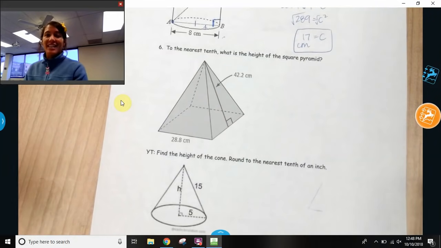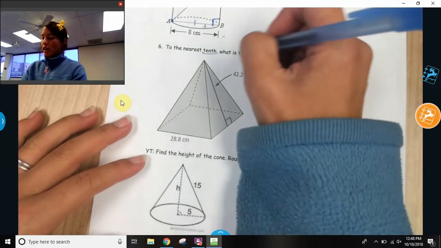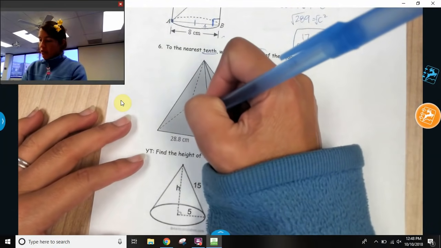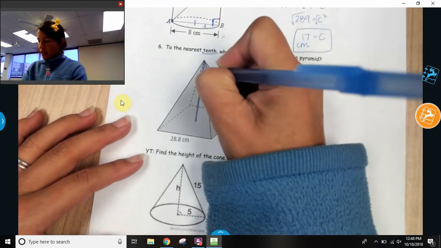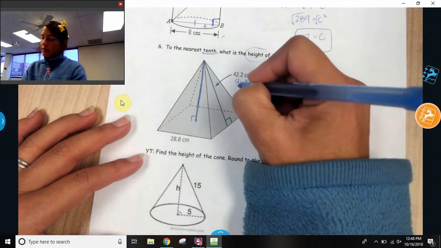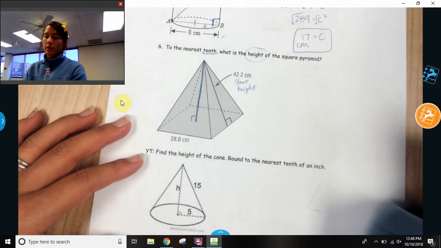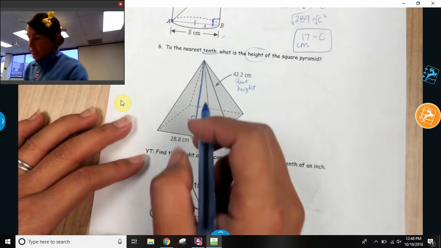All right, number 6: to the nearest tenth, what is the height of the square pyramid? Now, the height is going to be in the middle of the square pyramid, because it has to make a right angle. This is the slant height over here, and then we know that the side of the pyramid is 28.8 centimeters.